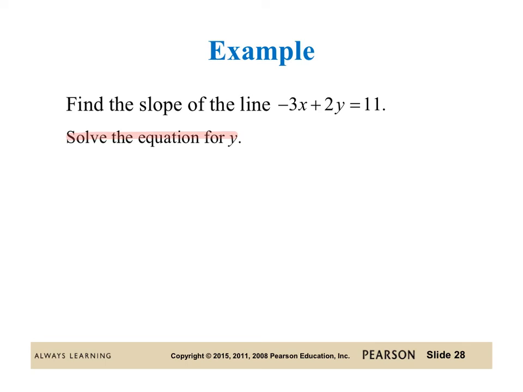So when we do that, we have negative 3x plus 2y equals 11. Since we want to isolate the y term, we're going to add 3x to both sides.